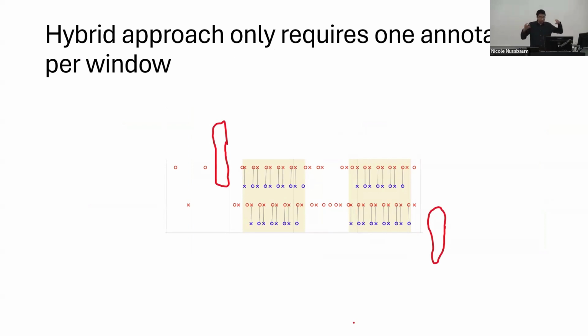The human only needs to annotate one ground truth value per window. And we tested that when this occurs, it is possible to align everything so that it lines up nicely. So you don't have to annotate everything by hand. You only need to annotate one thing by hand. And this is a major advantage in clinical settings.